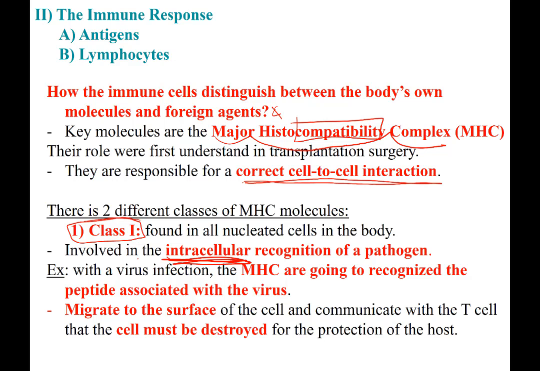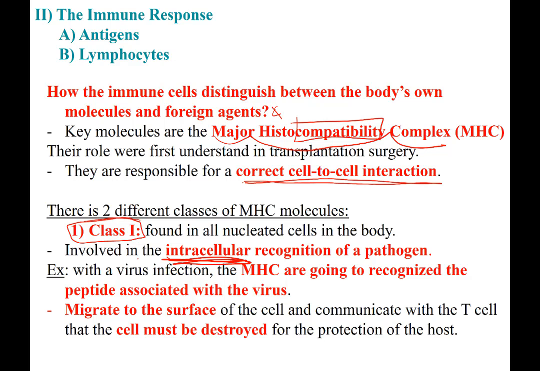Why do we need an intracellular or inside recognition system? Basically, if you think about a virus, and the virus would be able to penetrate inside of the cell, and then if it's inside, and we don't have a system to recognize what's foreign inside of our cells, then we're done. We're never going to be able to get rid of this virus.